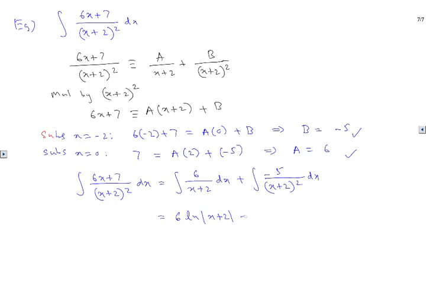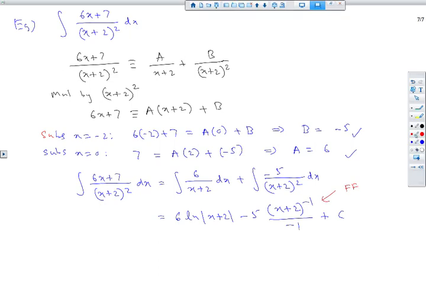Using the power rule, it becomes x plus 2 to the -2, that means x plus 2 to the -1 over -1 plus c. Just use the power rule or the 4 formulas. So this is simply coming from the 4 formulas, and then you can write the final answer now.